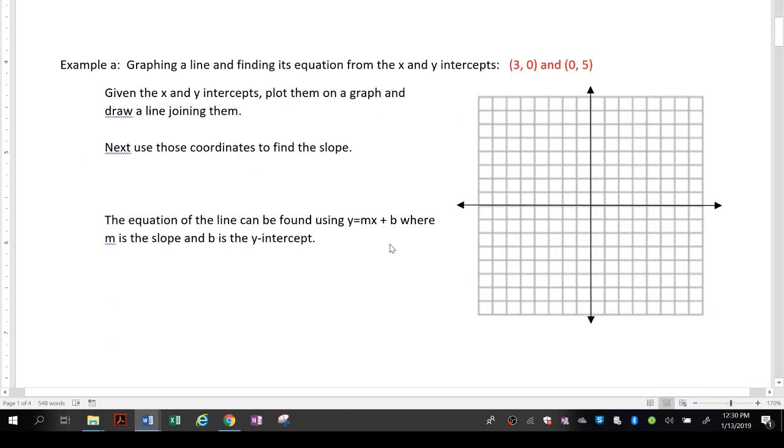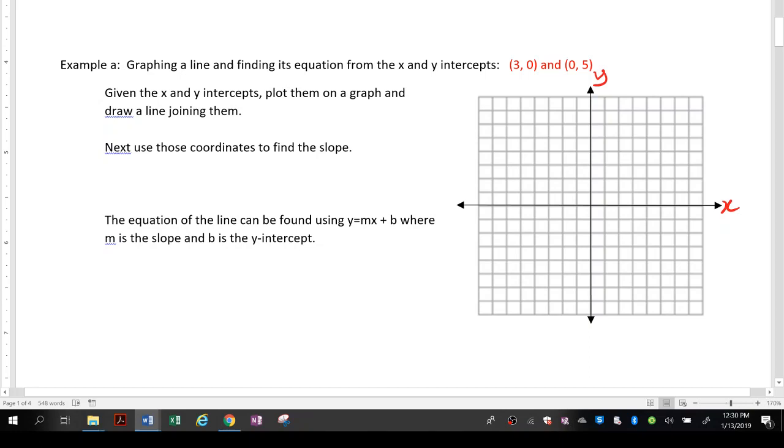In this first example, we are given the x and y intercepts. Now remember, the x and y intercepts are where the line crosses either the x-axis or the y-axis. So here is our x-axis, here is our y-axis. Remember, with ordered pairs, the first represents x and the second y.